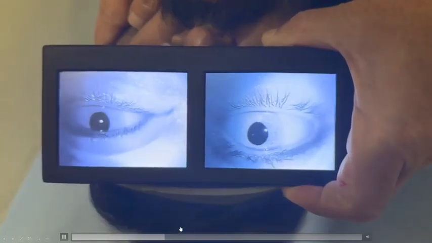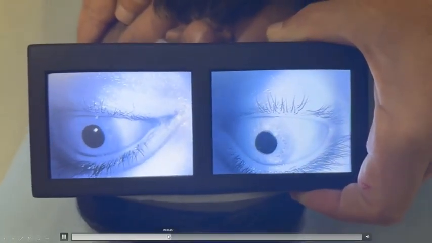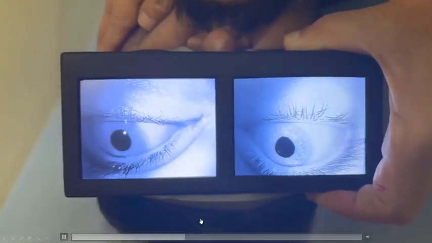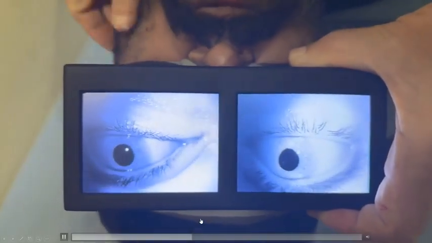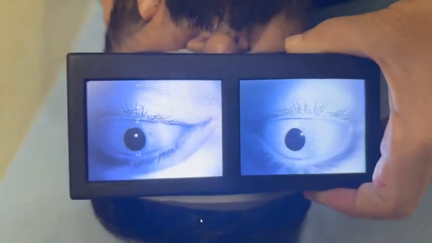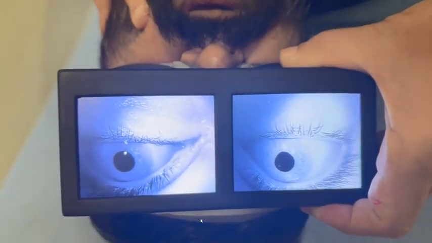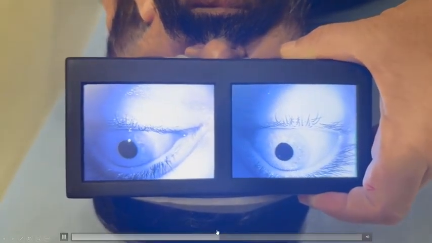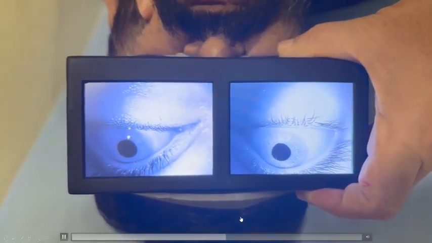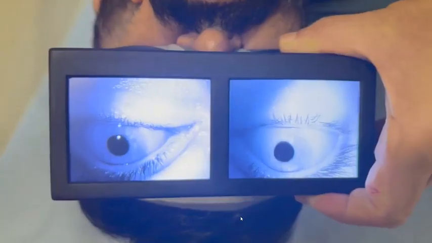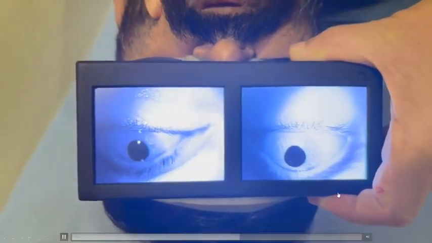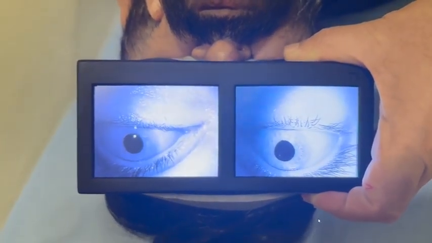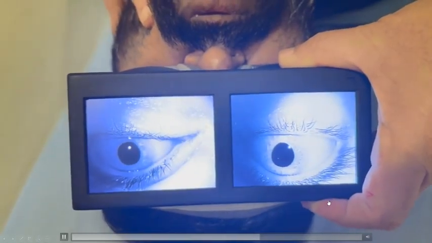Let us see how much time it takes to die out. So almost no nystagmus. The nystagmus has stopped before 1 minute. So it is non-persistent. We observed it for more than 1 minute.